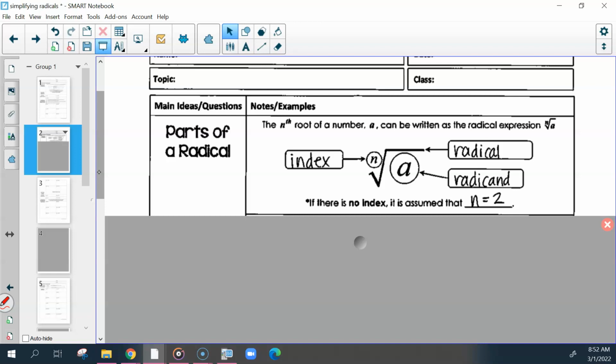There is no limit to what the index could be. There are 4th roots and 5th roots, and it keeps going. We are only going to talk about square and cube though. Whatever is inside the radical is the radicand. So that's what we're trying to simplify.